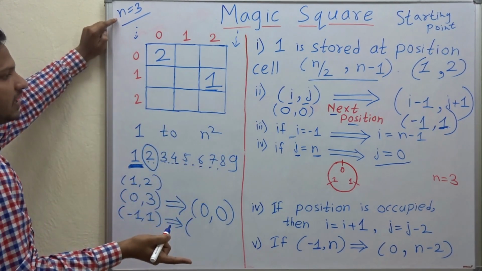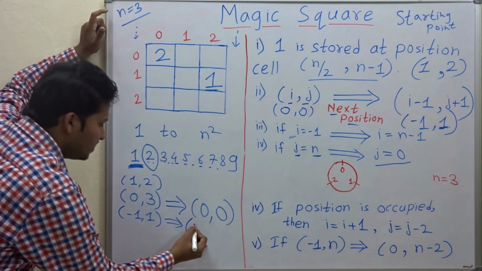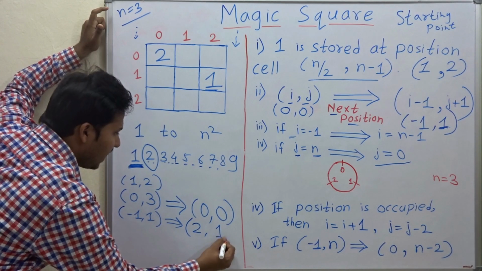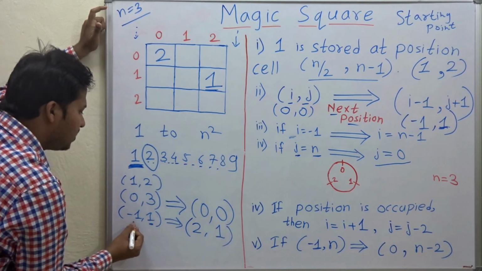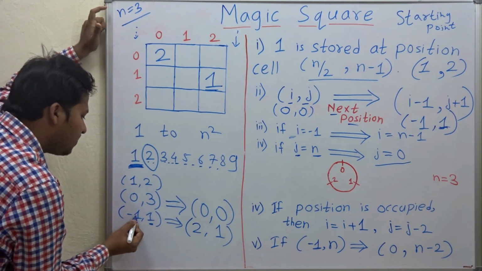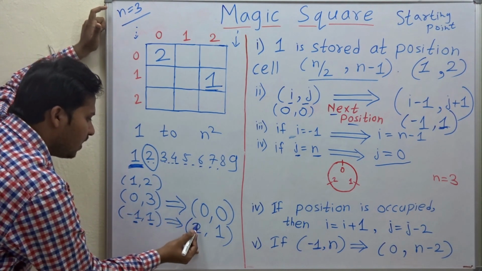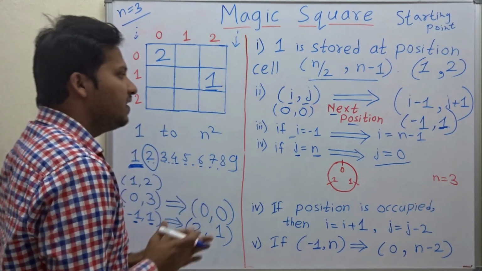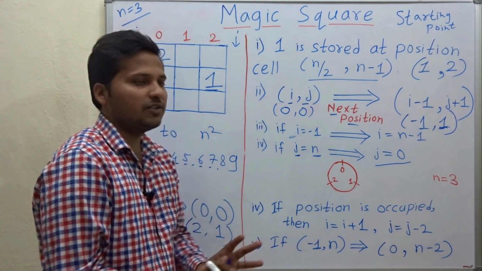What is n? n is 3. So 3 minus 1 is 2. So 2 comma 1 as it is. j is present, but the problem was with i, and this i has been wrapped into n minus 1, meaning 2.